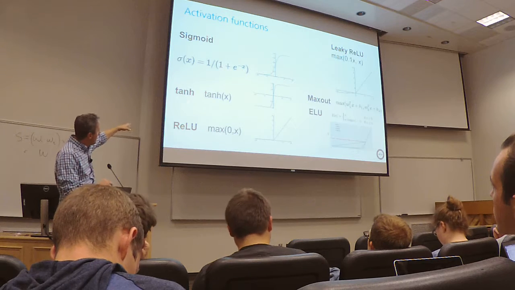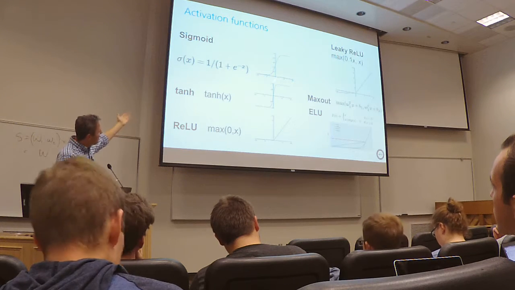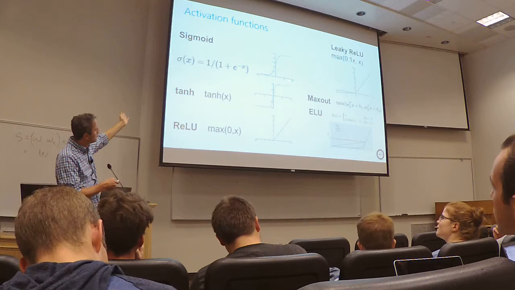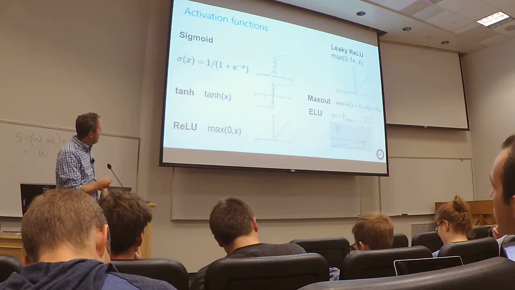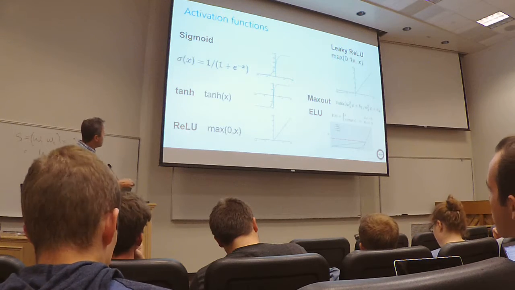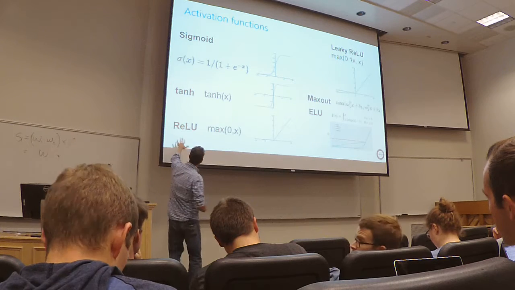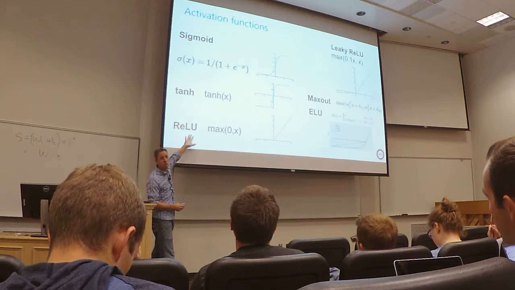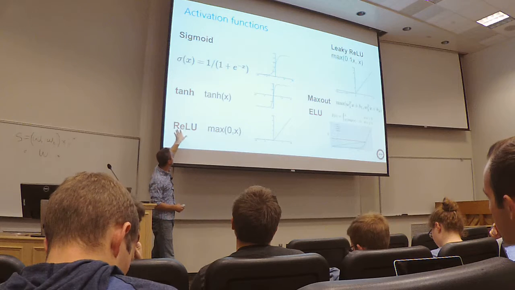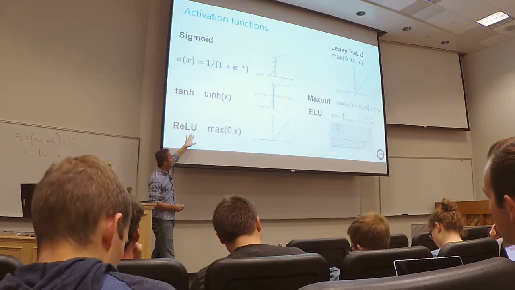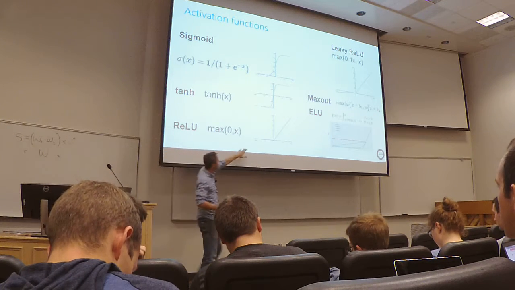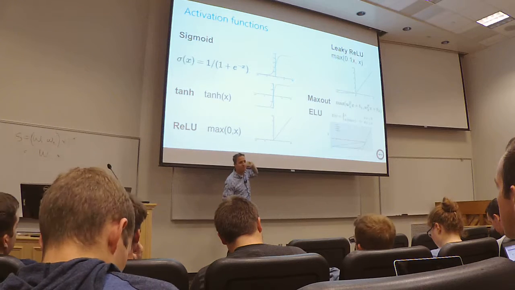The other option is tanh, the hyperbolic tangent. It's very similar to the sigmoid, except instead of going from 0 to 1, it goes from -1 to 1. This next one is the modern, state-of-the-art function that most people use right now. It's called the rectified linear unit, and it's about the simplest possible nonlinear function you could imagine.